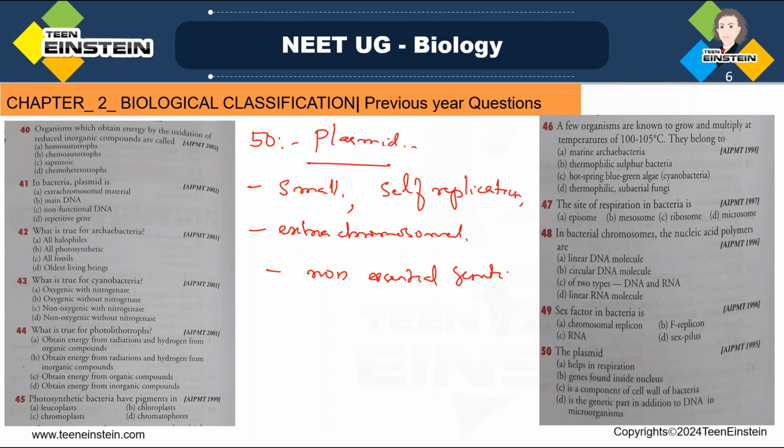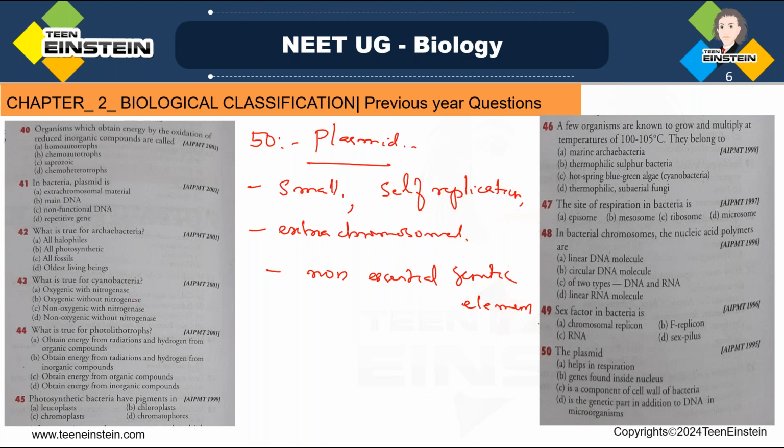Already genetic element will be there, and apart from that chromosome, this is extra chromosomal material, and this is very small and has self-replicating ability. So plasmids are small, self-replicating, extra chromosomal, non-essential genetic elements in bacteria, right?